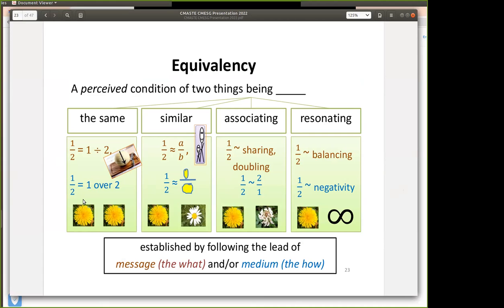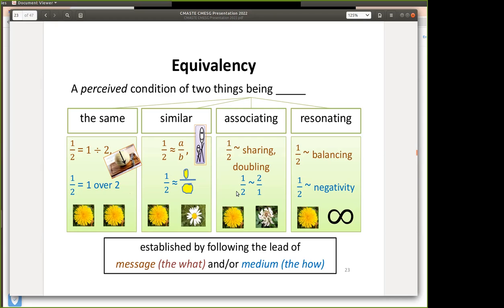Using one example, I just look at the sign and think it looks the same as 1/2, because it says 1/2 to me. It just looks like 1/2. And I can also say this just looks like one thing over another.